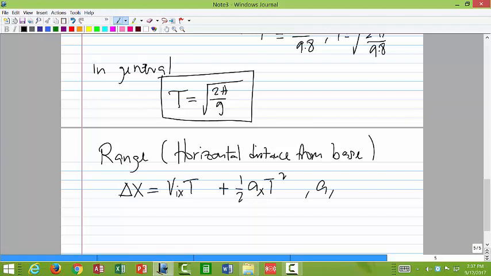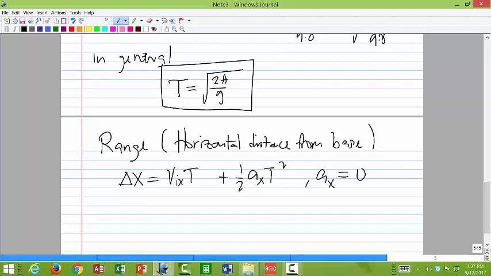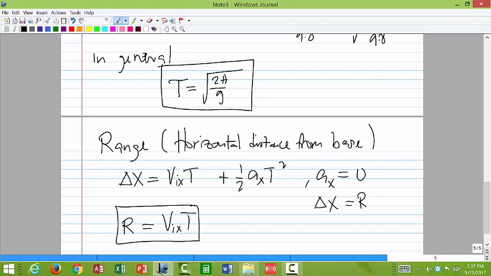Note that a x is equal to 0. Also, delta x is equal to r, so r is equal to v initial x times t. That's your horizontal range.